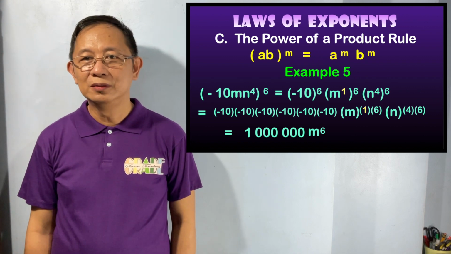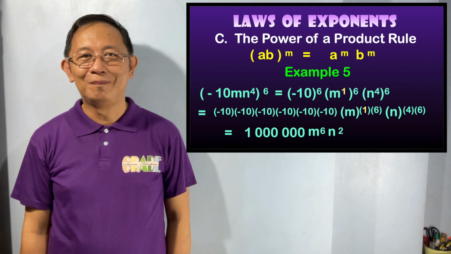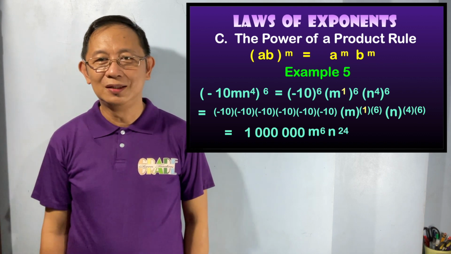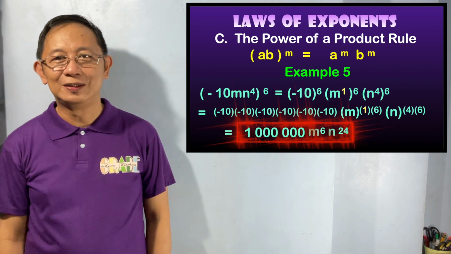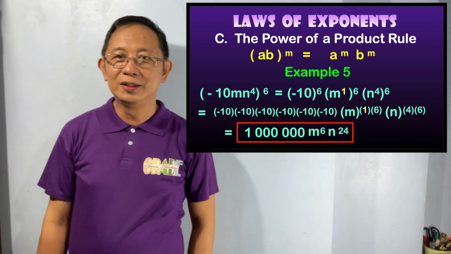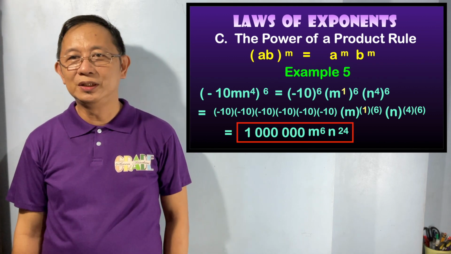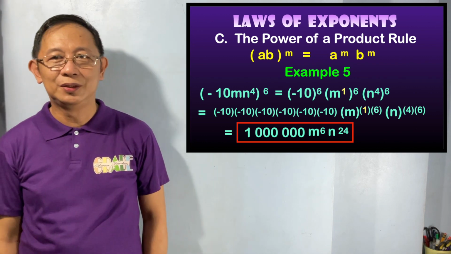Then n raised to the 24th power. That's the final answer. Those are the examples of the third law of exponents, which is the power of a product rule.